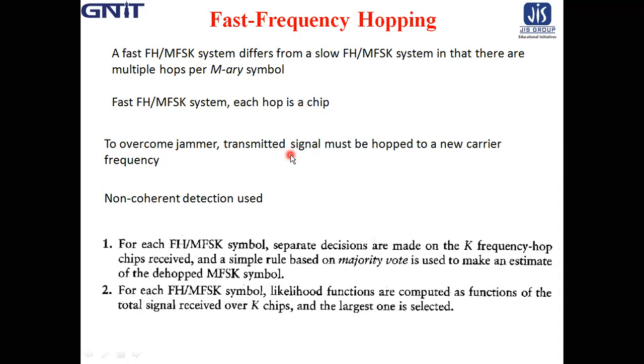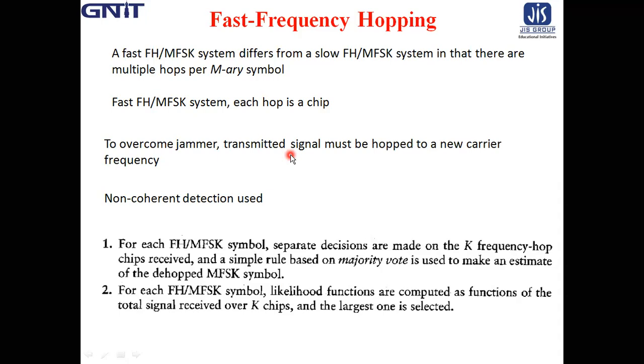For data recovery at the receiver, non-coherent detection is used. However, the detection procedure is quite different from that used in a slow FHM FSK receiver. In particular, 2 procedures may be considered.